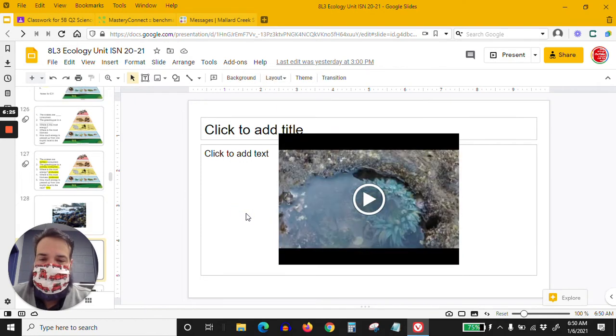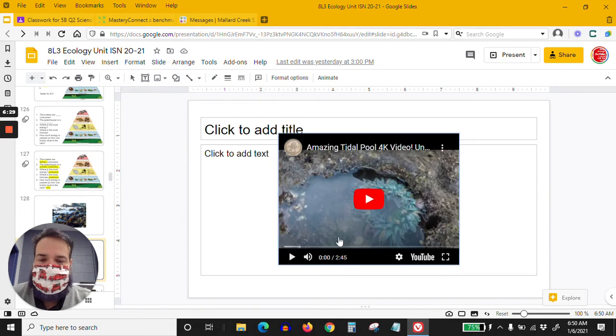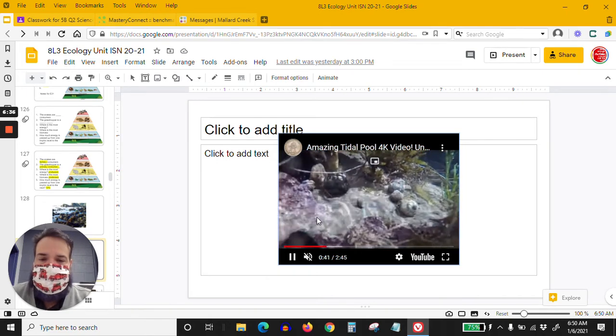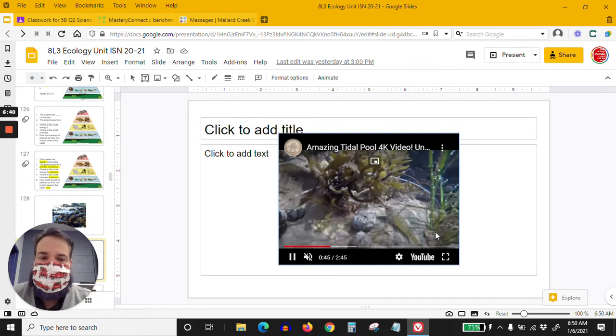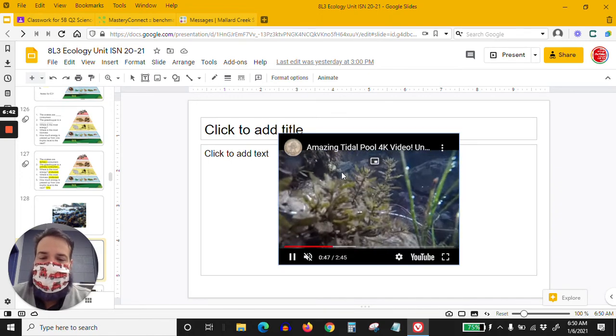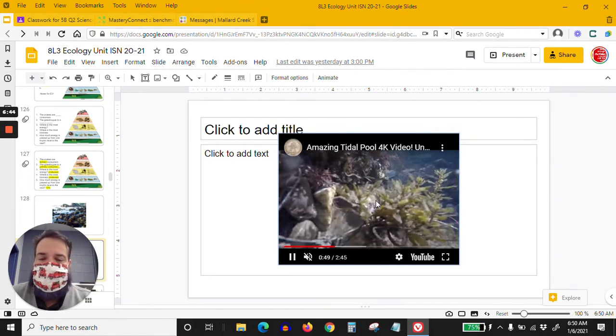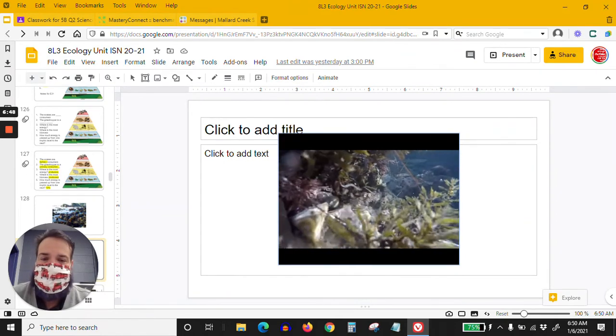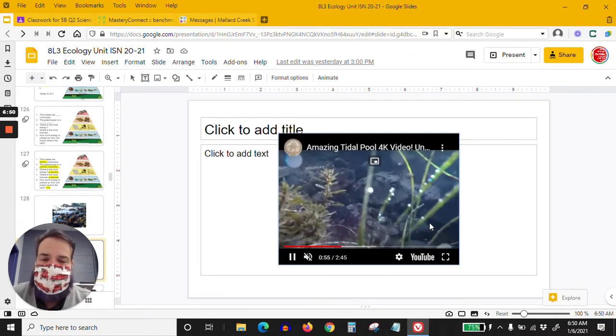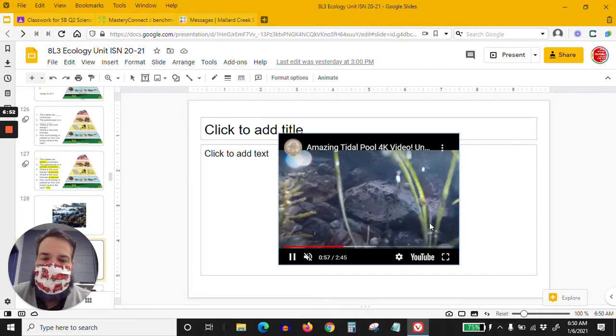All right, moving on. This one, I think the guy just wants to show off his camera, so we're going to skip over him. But these are tide pools. So these are some of the things that live there. They have to be underwater, most of them. Some of them, like maybe a clam, can probably close up.